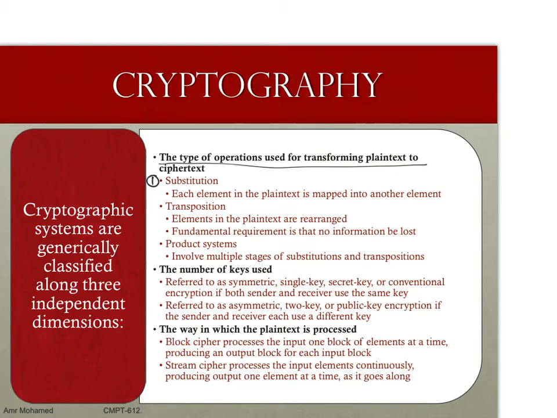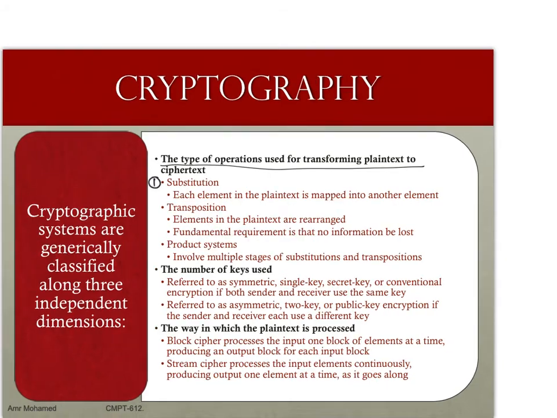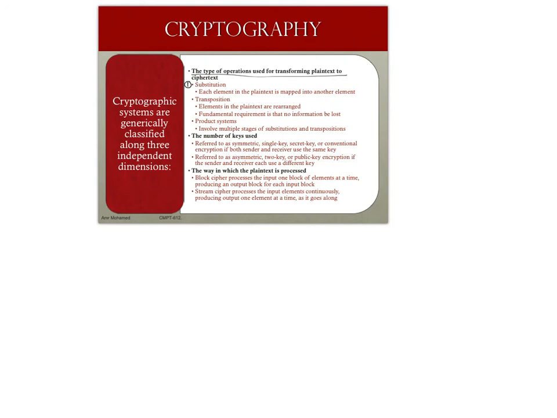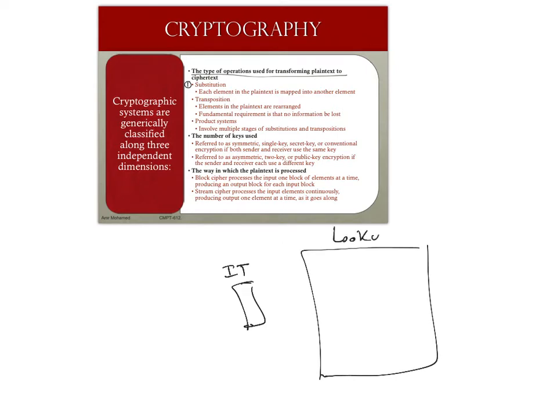By substitution here, we mean that we have the input text, and we have sort of a lookup table, and we take each part of that input text and from this table we convert it to an output text. Okay, that's what we mean by substitution.